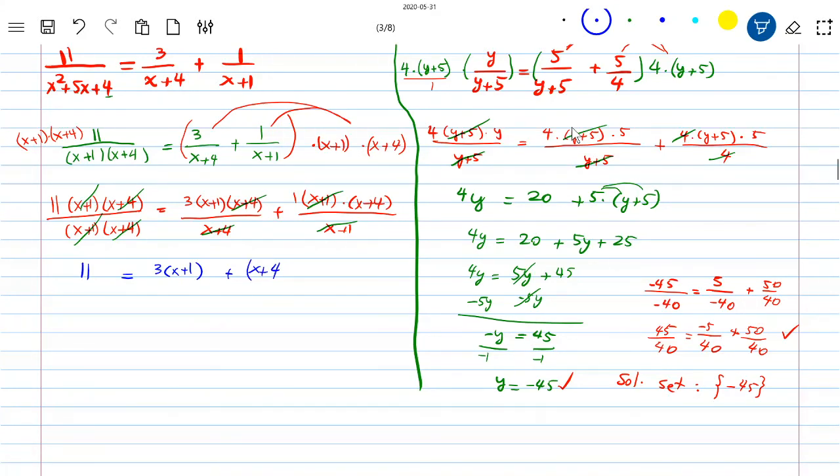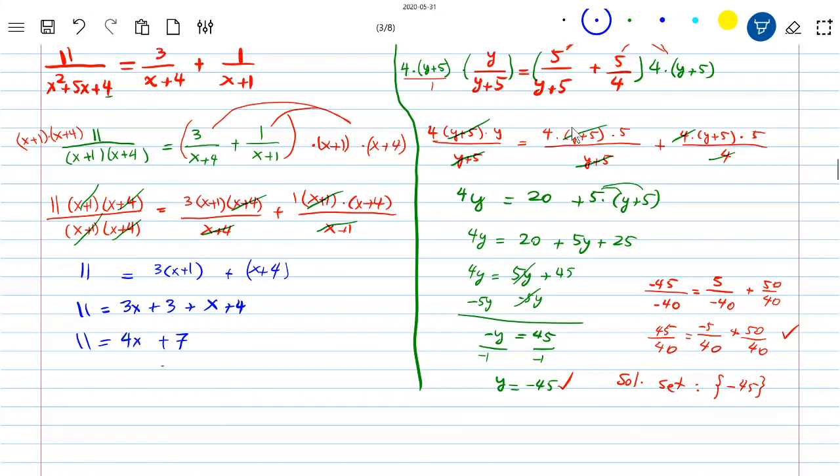You can use the parentheses if you want. It doesn't affect anything. No coefficient except 1, so it doesn't really make any difference. Simplify. Distribute the 3. So we get 3x, 3 times 1 is 3. We'll have plus x plus 4. Combine like terms. 11 equals 4x, 3x and 1x, plus 3 and 4 is 7.